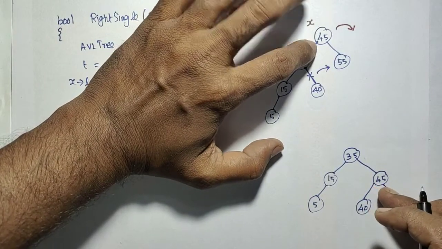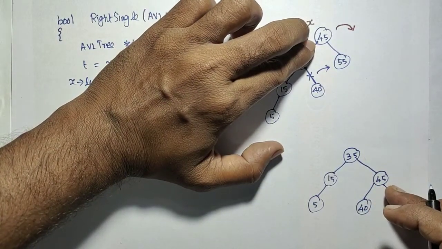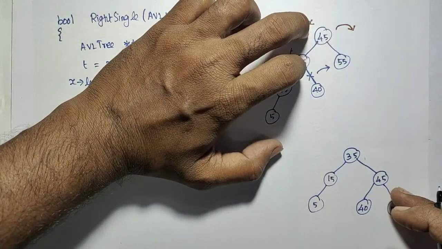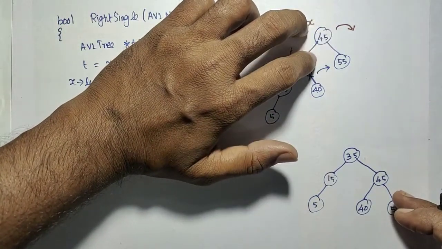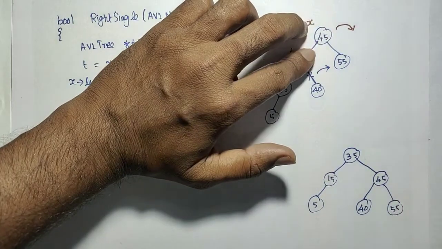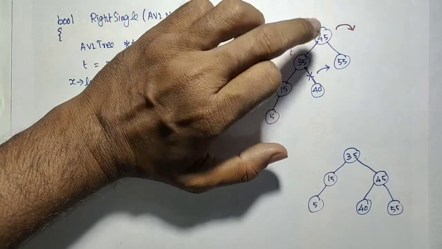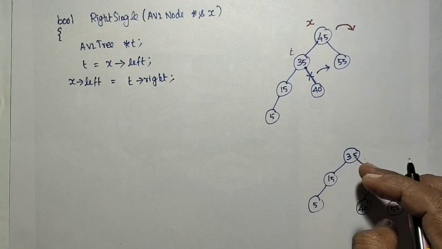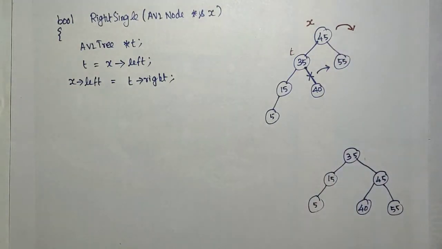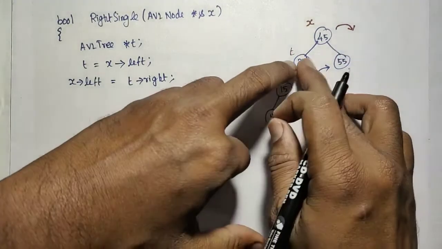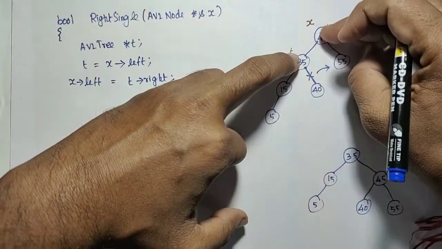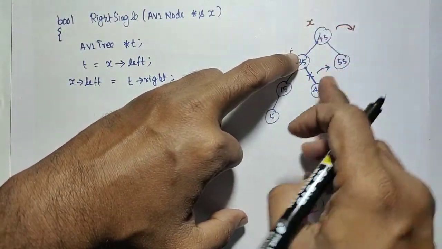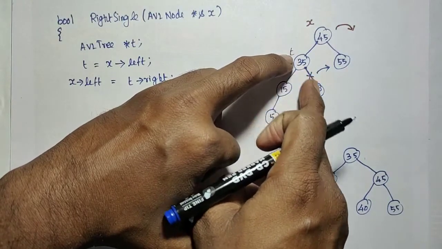The next thing you need to do is that x needs to be updated. Now that x is now the 35, that is the final one. x equal to t. Before that what I have to do is, the 35 is going to come in here, but that 45 has to be joined as the right of the current t.